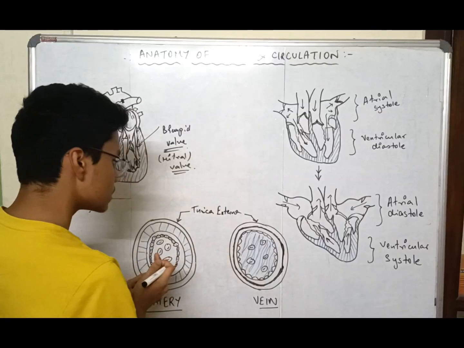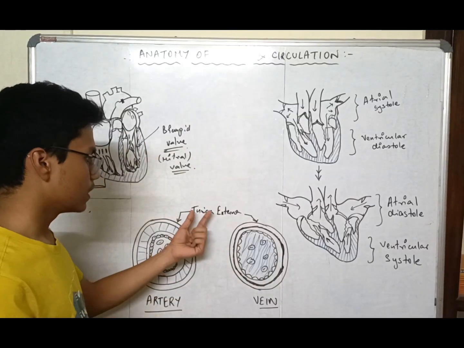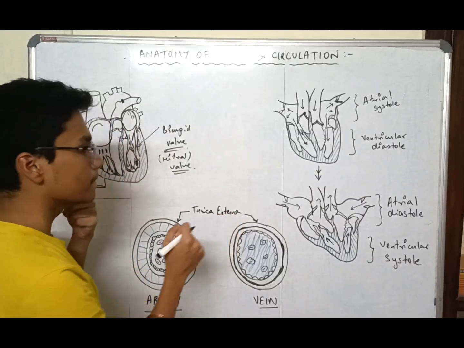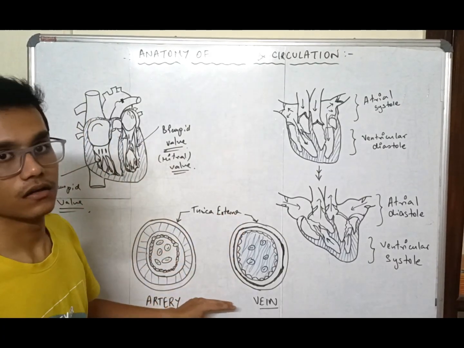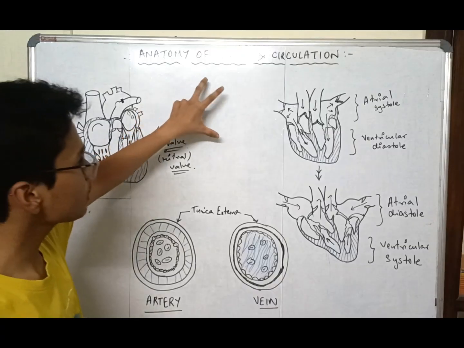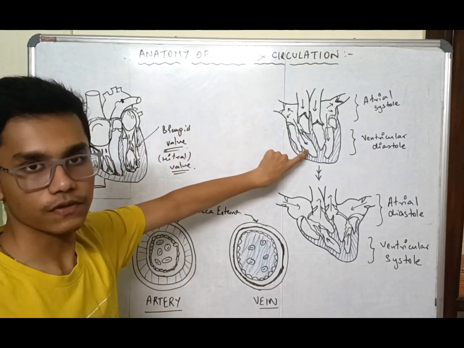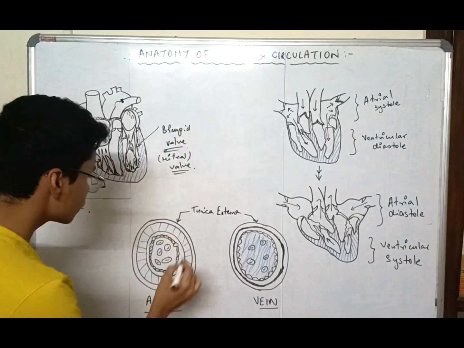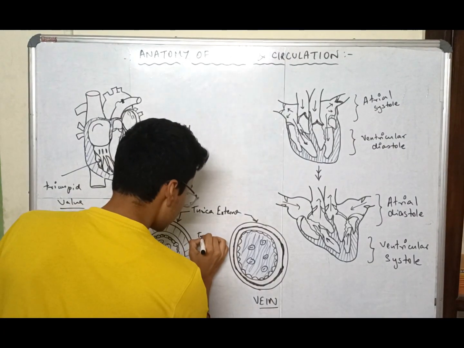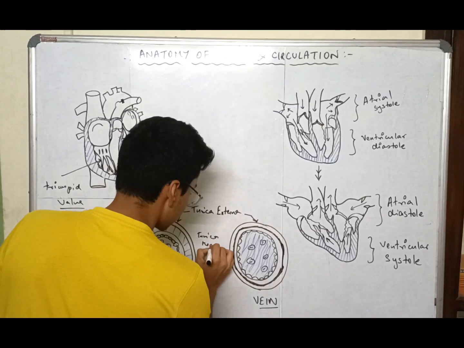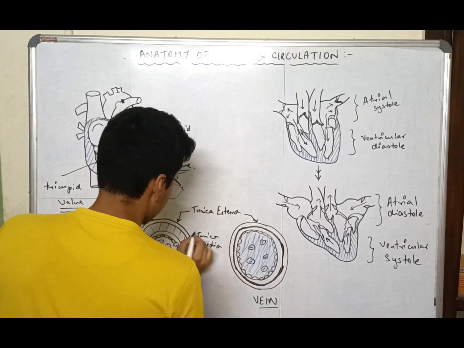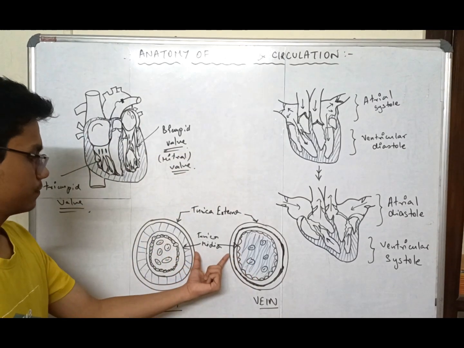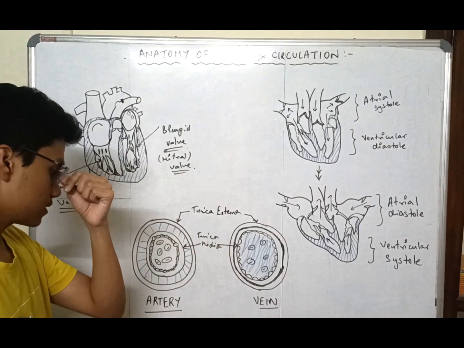Coming more inwards, what can be the meaning? Tunica means any tubular layer, but external, medial, internal, right? From a higher point of view to a lower point of view, bigger to smaller. So from the main point of view, tunica media. I hope the spelling is correct.